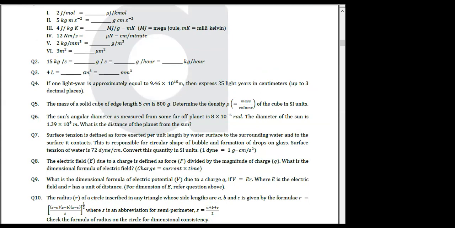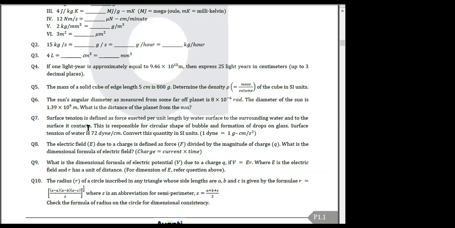10. Okay. So see question number 10, everyone. What is given? How many of you remember this is like Heron's formula? Not exactly Heron's. Heron's was S into S minus A into S minus B into S minus C, right? So there is something wrong over here.